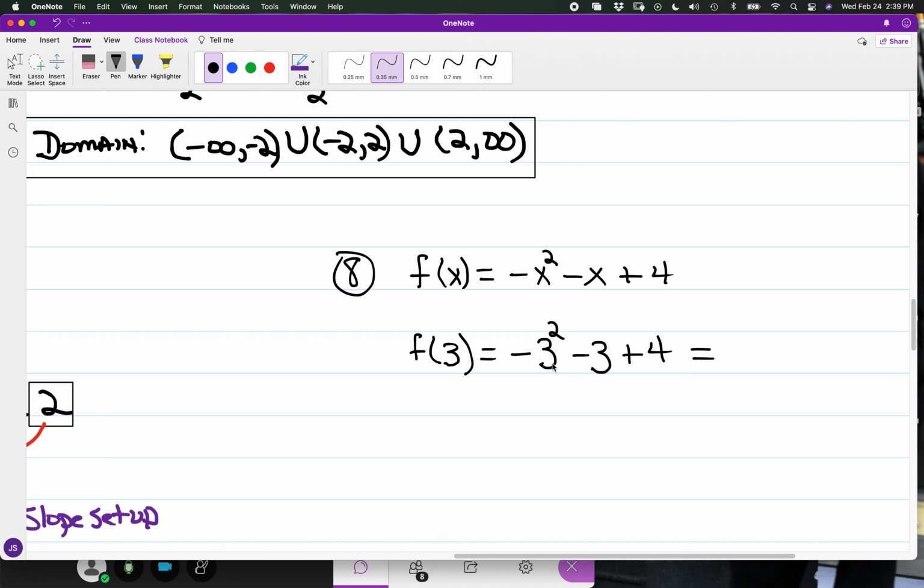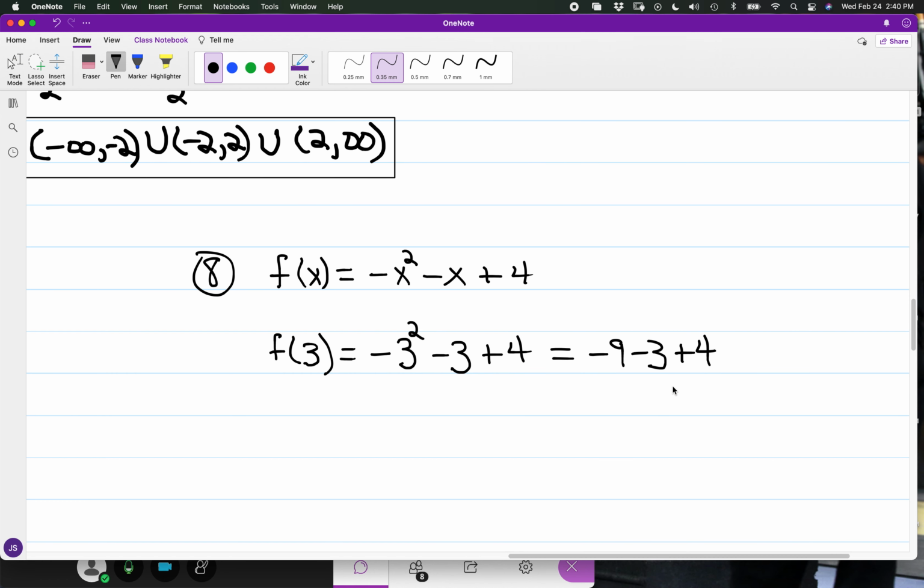So I have the negative of 3 squared; that's not the square of -3. 3 squared is 9, and the negative of 9 gives minus 9. We have minus 3 plus 4. Now, -9 minus 3 is -12, and -12 plus 4 comes out to -8.